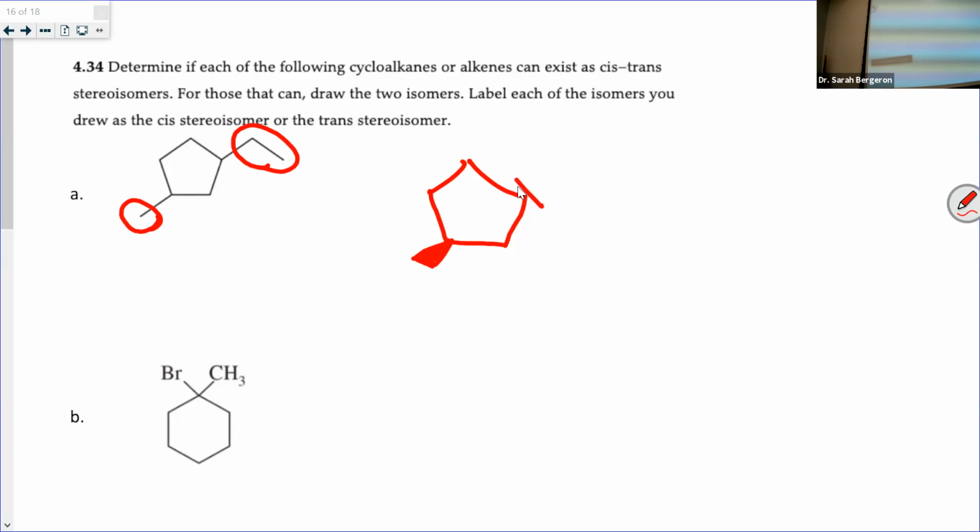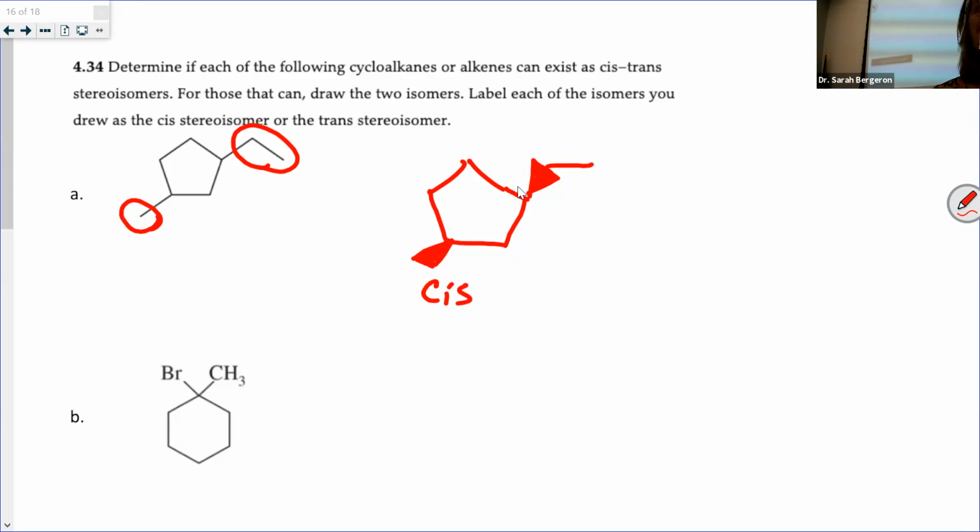I also want to make, I went the wrong way, didn't I? Right. I also want to make this a solid triangle. But it's not just 1 carbon. This one is 2 carbons. So this one is on the same, this is cis.